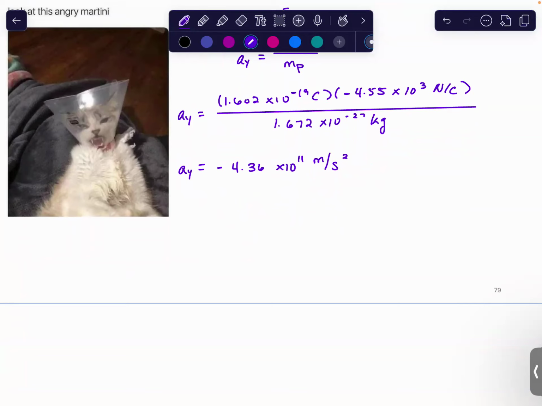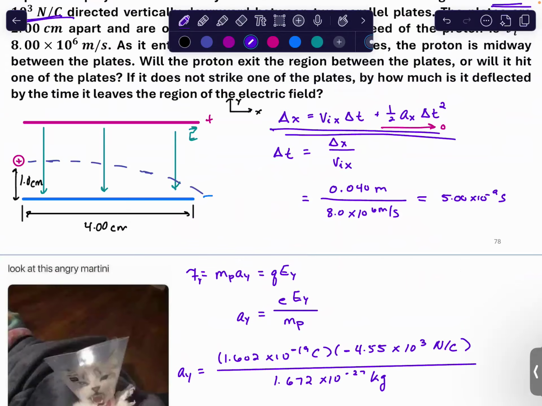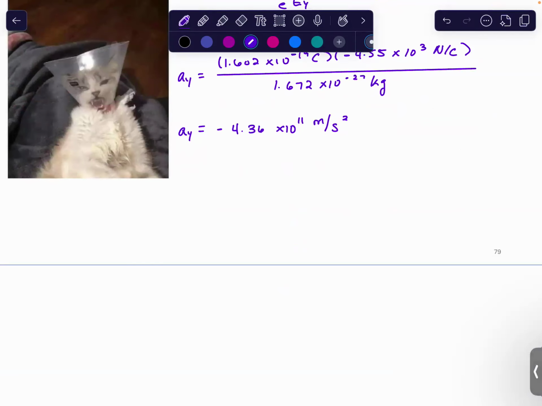one thing we can figure out, now that we have our acceleration and our time, is how much the electron is actually deflected in the y direction during that time. Remember your kinematic equations, you can always rewrite them in terms of y. They're the exact same equations, it's just x or y.